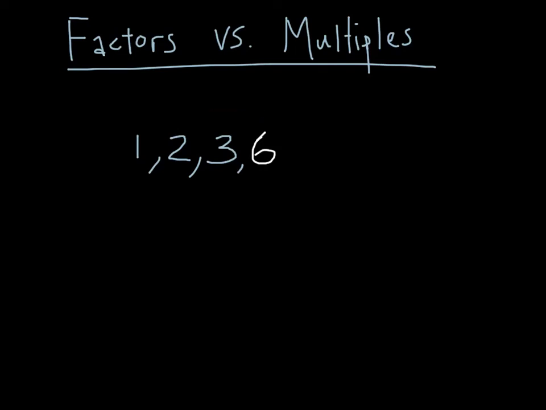Alright, next let's think about the multiples of 6. The first multiple of 6 is the number itself. So let's go back and think about that again. The largest factor that a number has is the number itself, and the smallest multiple that a number has is the number itself.